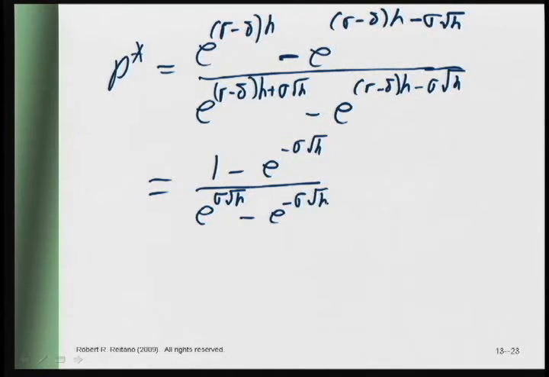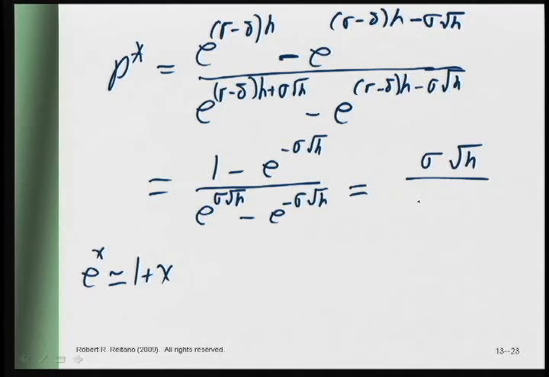And if you use the approximation we just saw for the exponential, where we can approximate an exponential as 1 plus x, the numerator becomes sigma square root of h, and the denominator becomes 2 sigma square root of h. So that's an approximation, and we see that this is then a half.